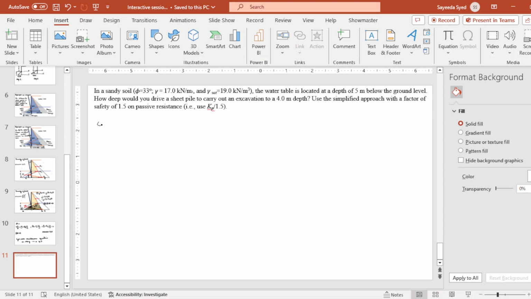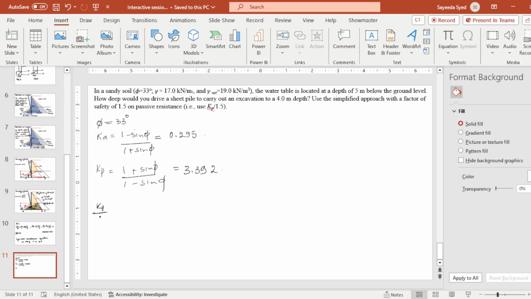We know phi equals 33 degrees. So our Ka, which is 1 minus sine phi by 1 plus sine phi, will come out to be 0.295, and our Kp, which is 1 plus sine phi over 1 minus sine phi, will come out to be 3.392.